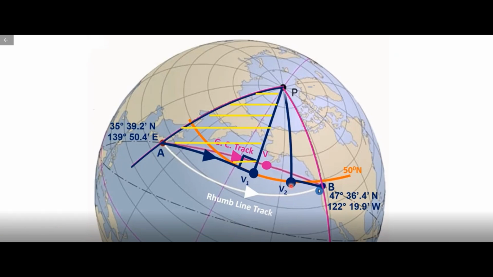So the blue circle here, the arc of the great circle, passes from our destination point B and has its vertex on the limiting latitude.